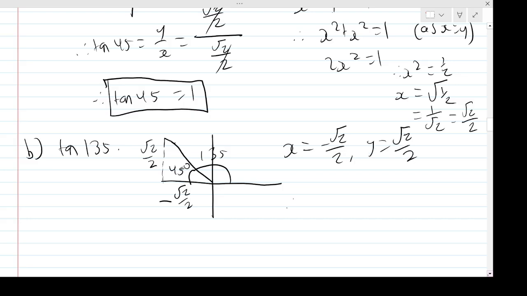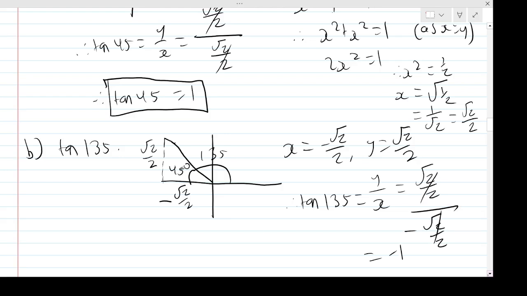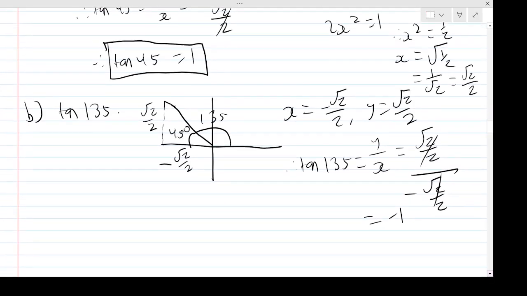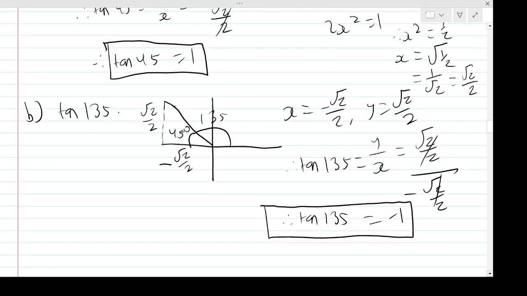So tan of 135 is just y over x, so opposite over adjacent, which is root 2 over 2 divided by minus root 2 over 2, which should just be minus 1 because they cancel out again, and we're just left with the negative. So there we are, we can say that tan 135 gets me minus 1.